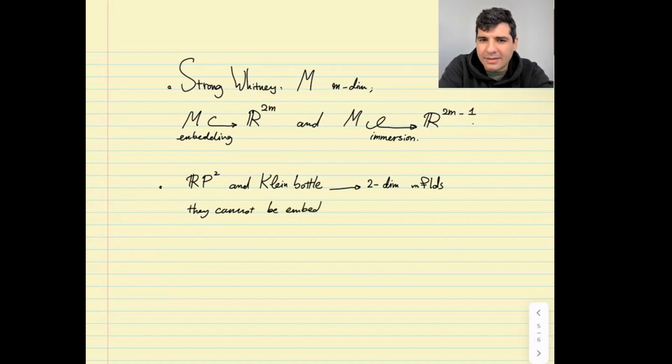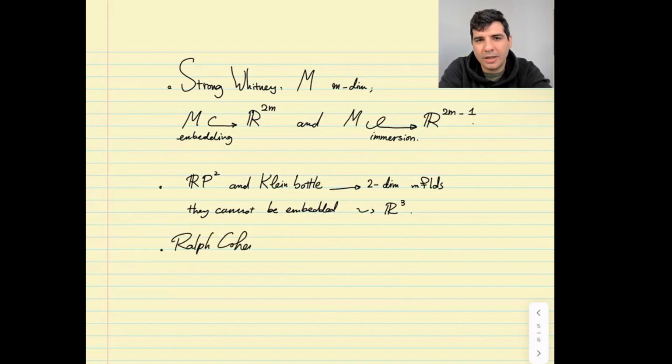So in this sense, even thinking also about S^1, the dimension 2M is sharp, because we cannot embed S^1 into R, so 2M minus 1 cannot be true. Also for the Klein bottle and RP^2, the least dimension is 4. Therefore, we have it.